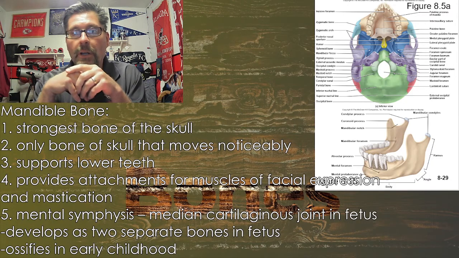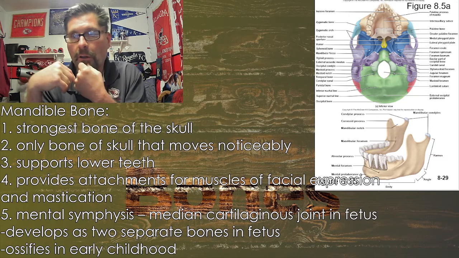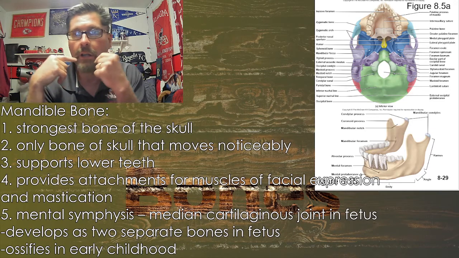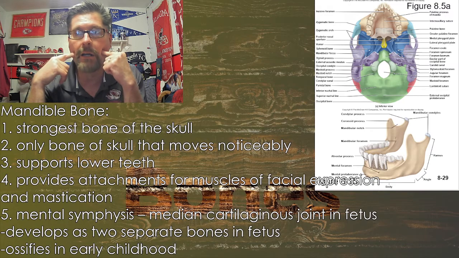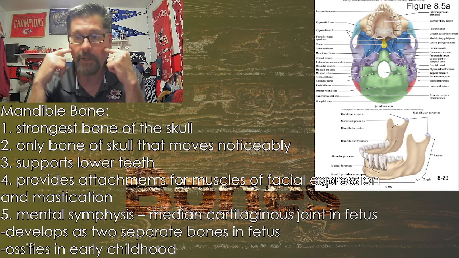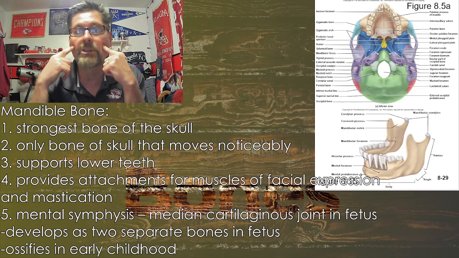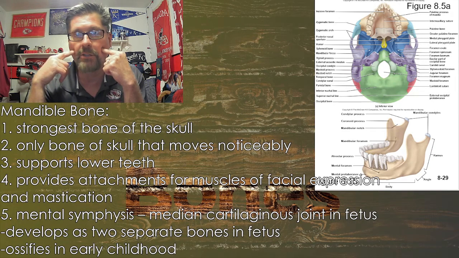It's got the two nice foramens, the mental here in the front, and then the mandibular here in the back, kind of on the body of it, or the part that goes up that will be attached by tendons or cartilage to kind of hold that in place.